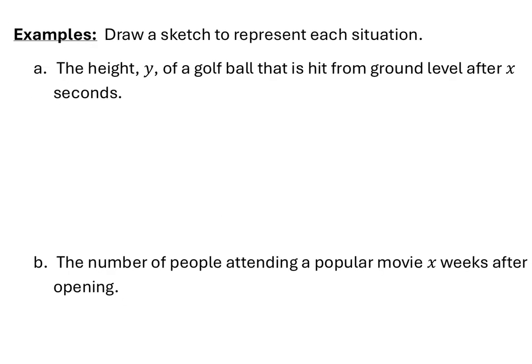If we look at A, we have the height y of a golf ball that is hit from ground level after x seconds. So a couple things that we want to pay attention to: we are hitting from ground level, and ground level means that we are starting at 0, 0.